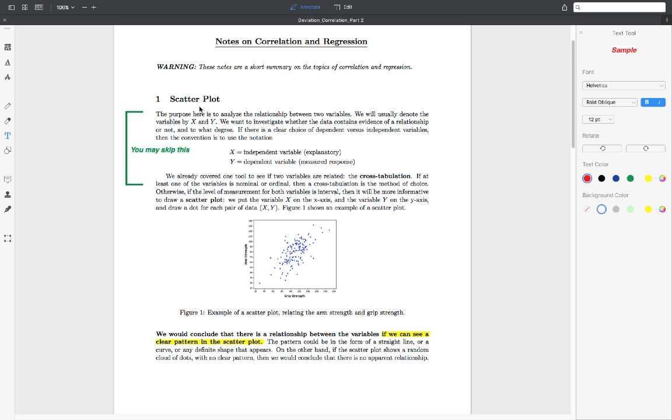So here, in terms of these notes, the deviation correlation part 2 notes, I say you can skip this part. It's good to read through and to understand, but I've ripped these notes from a headline in the sense of they're very concise, and we can look over.